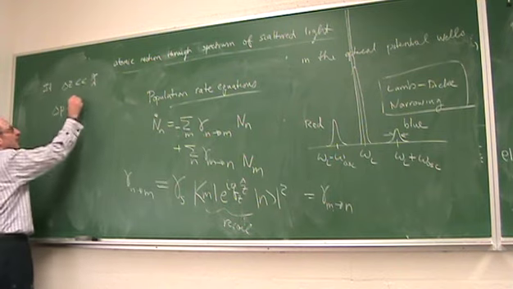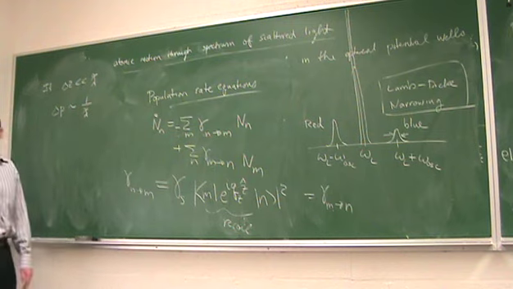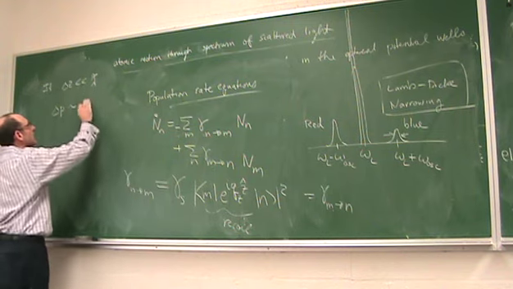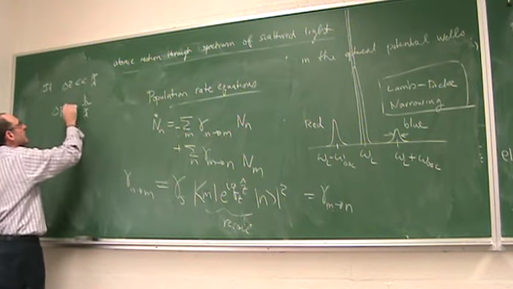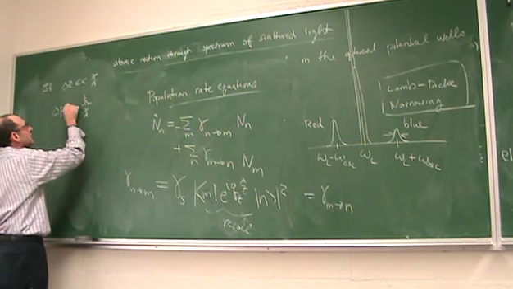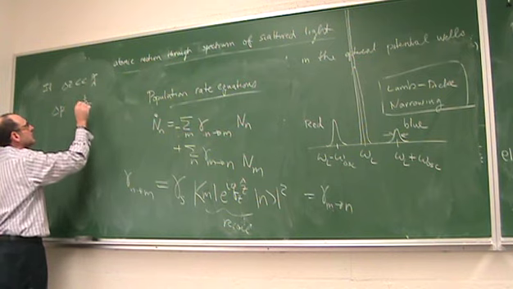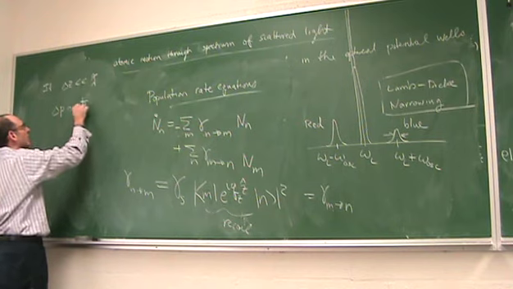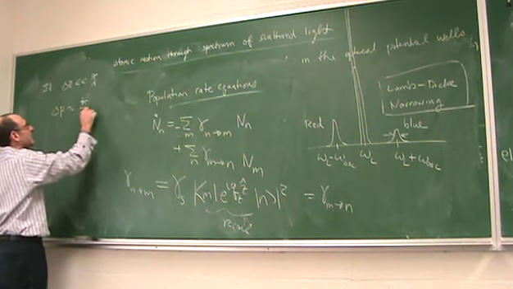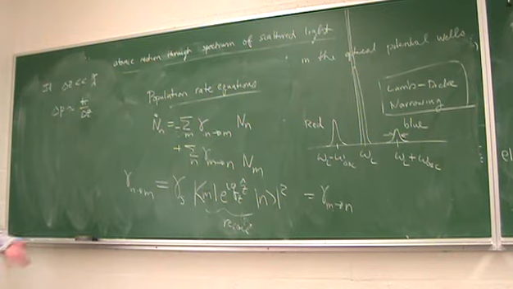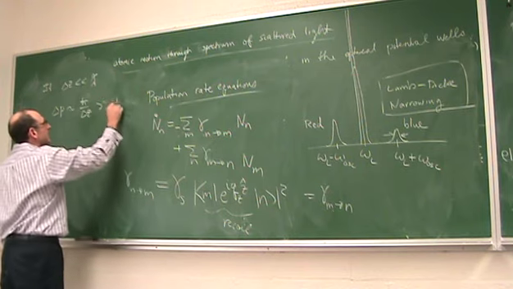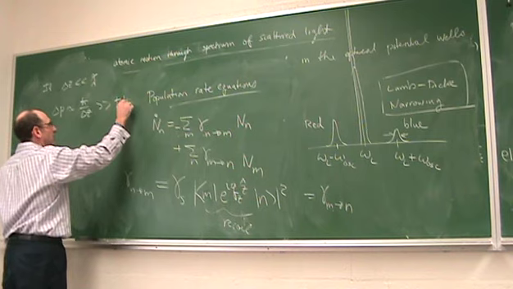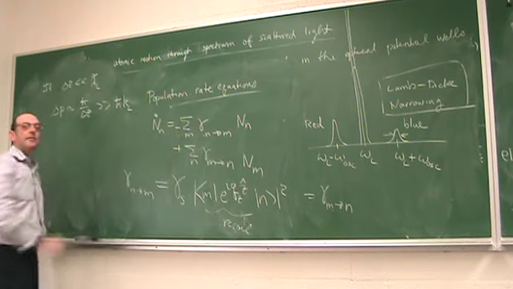The spread in momentum is on the order of h bar over the localization size, and that spread of momentum is much, much bigger than h bar k, where k is the laser wavenumber.